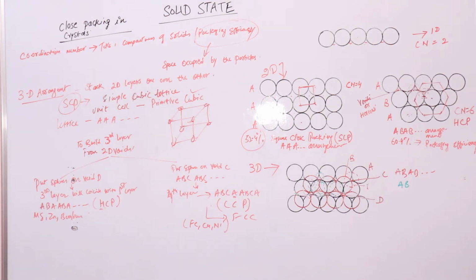Now the two kinds of structures or arrangements that we get, HCP and CCP, both are equally efficient packaging and equally economical. In both the arrangements, 74% of available volume is occupied.